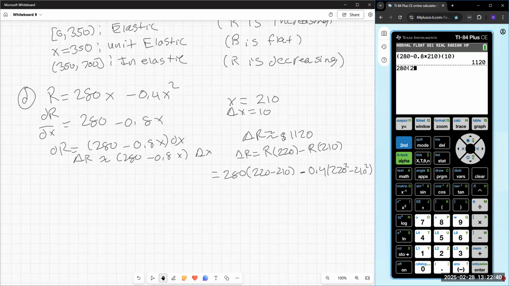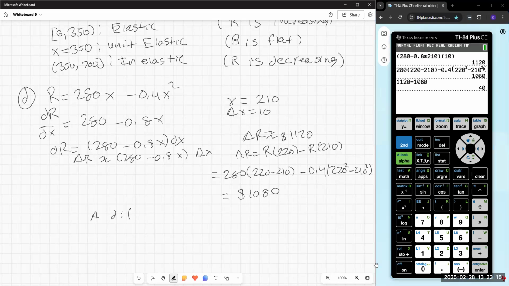That is exactly 1080. So that's a difference of 1120 minus 1080, a difference of $40.